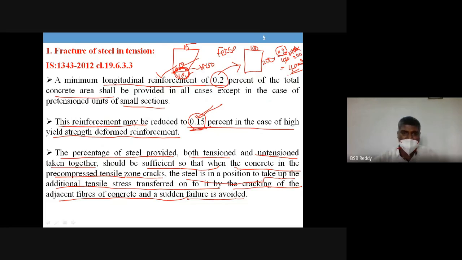In such a way you have to design that untensioned steel. 0.15 is one criterion. If the stresses are heavy, and based on the stress criterion it is demanding some 0.25%, you shall provide 0.25%. Okay, we will not stick to this 0.15%.